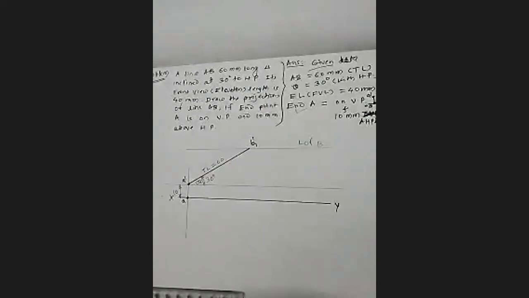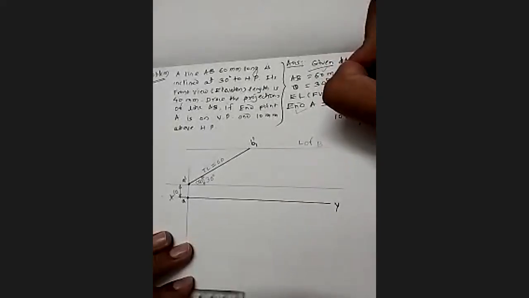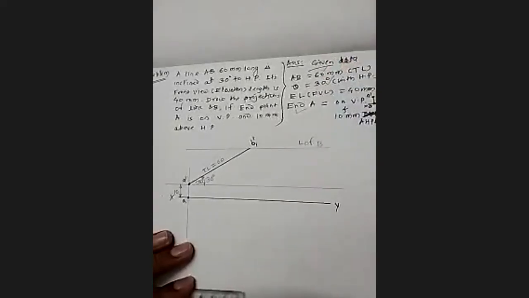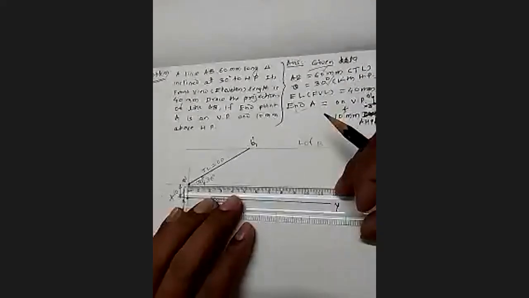So two things we have consumed now. 60 millimeter, this we have used. This also we have finished. What's left then? Elevation length. Where to take the elevation length? Horizontal line passing through A dash. Perfect. Absolutely right.